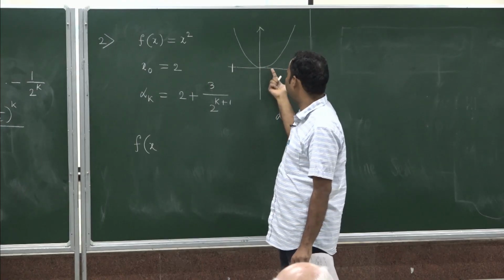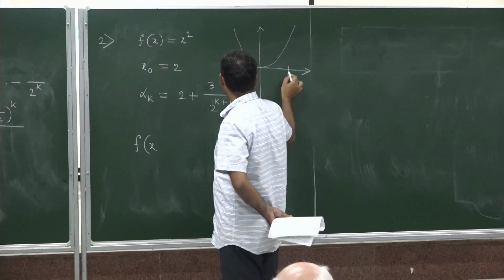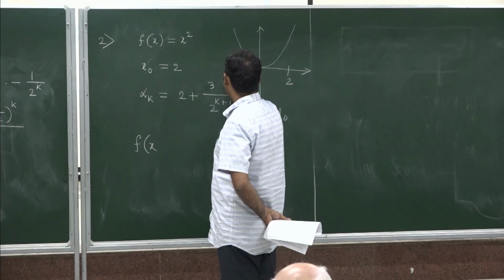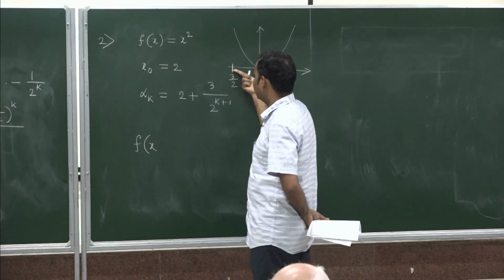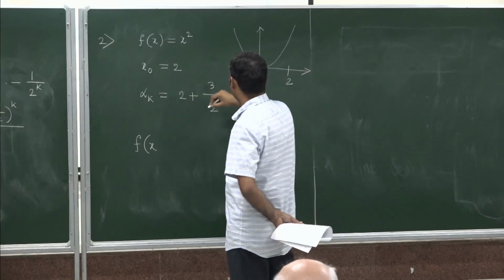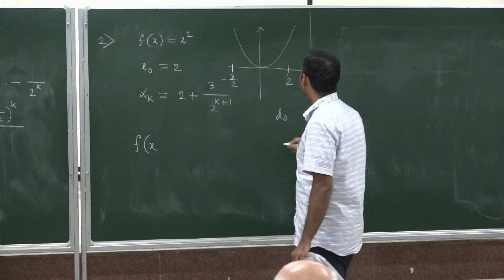Another 2 length if I take, it is bigger than 2, right? Then it will be 2 minus 2, 3 by 2, half, and then again if I take 3 by 2 step length, this is minus 3 by 2.